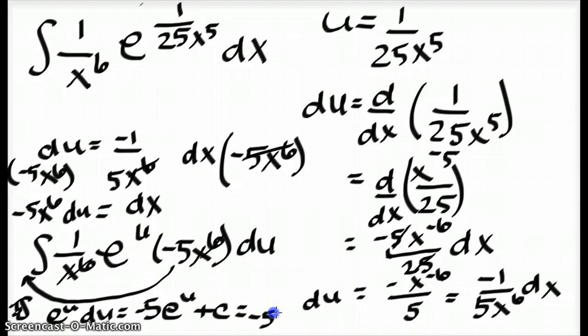But it's going to be negative 5 e to the 1 over 25x to the 5th, and then always plus c, right? So this is your final answer. And you always want to make sure, yep, it's in terms of x, and x is what we were given.